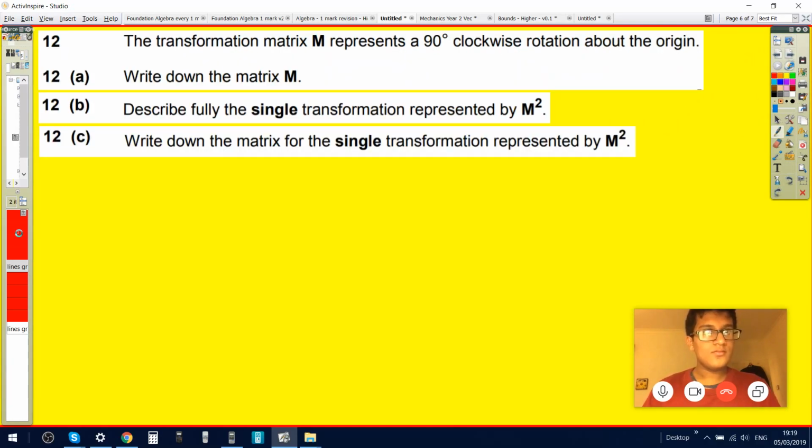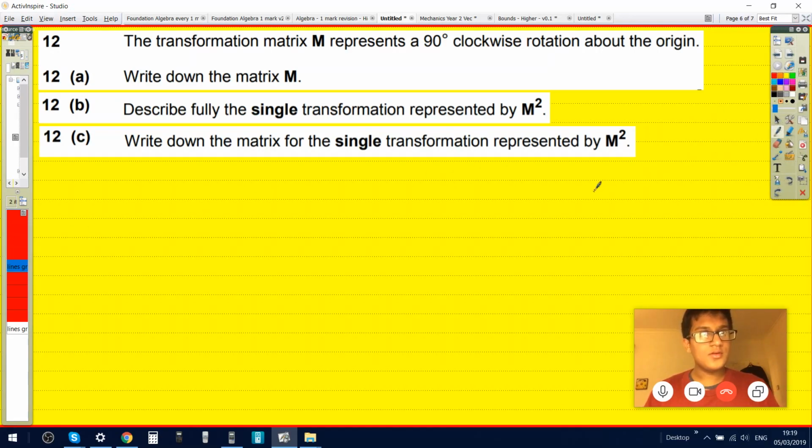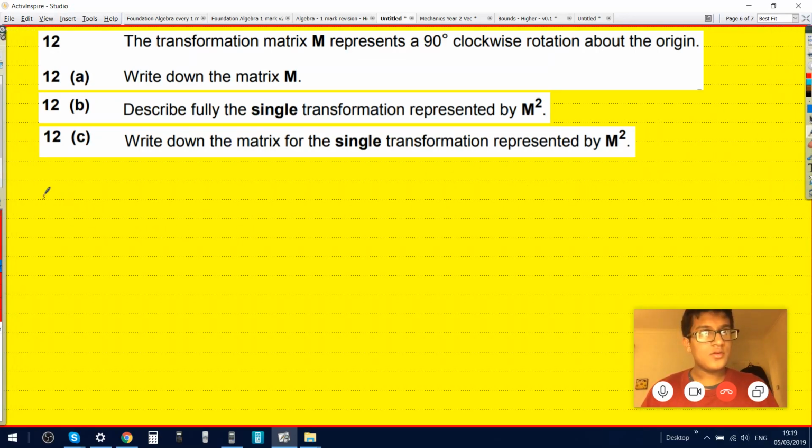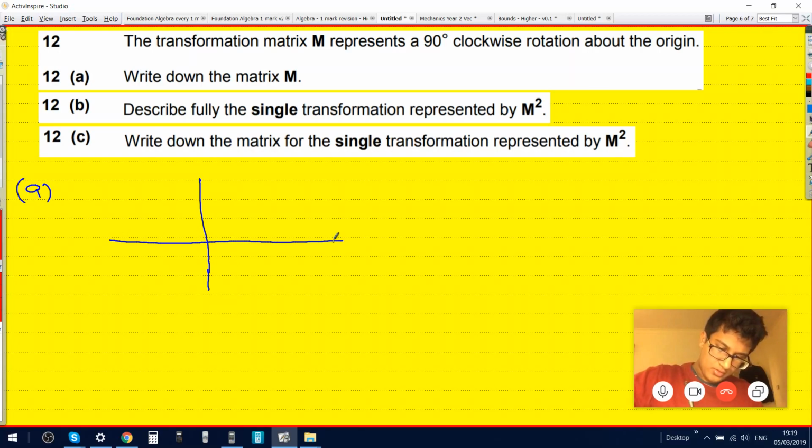This one. So you know the unit square is (0,0), (1,0), (0,1), (1,1), and we rotate 90 degrees clockwise. I might draw it actually. That might be helpful.